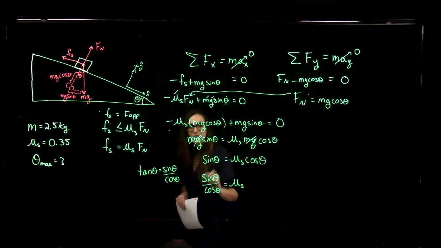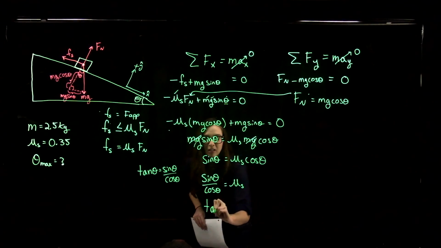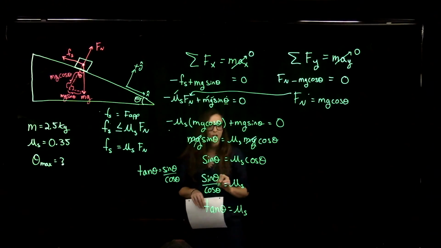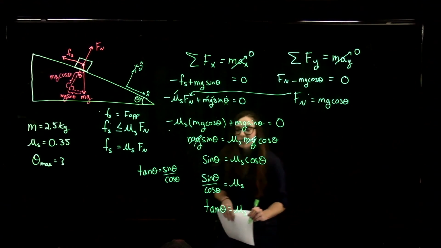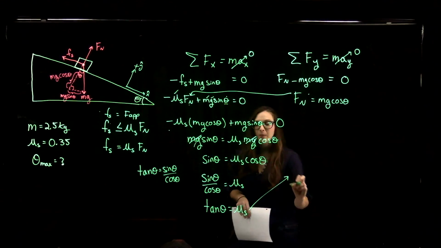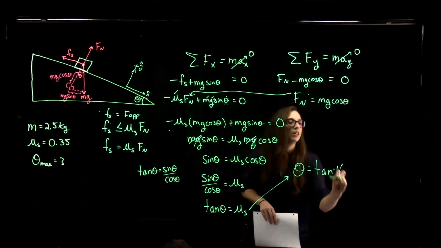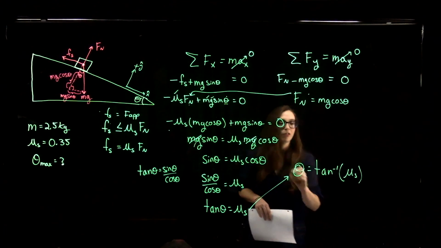So this is saying that the tangent of our angle theta is equal to the coefficient of static friction. Take the inverse tangent of both sides, and then we find that theta is equal to the inverse tangent of our coefficient of static friction.